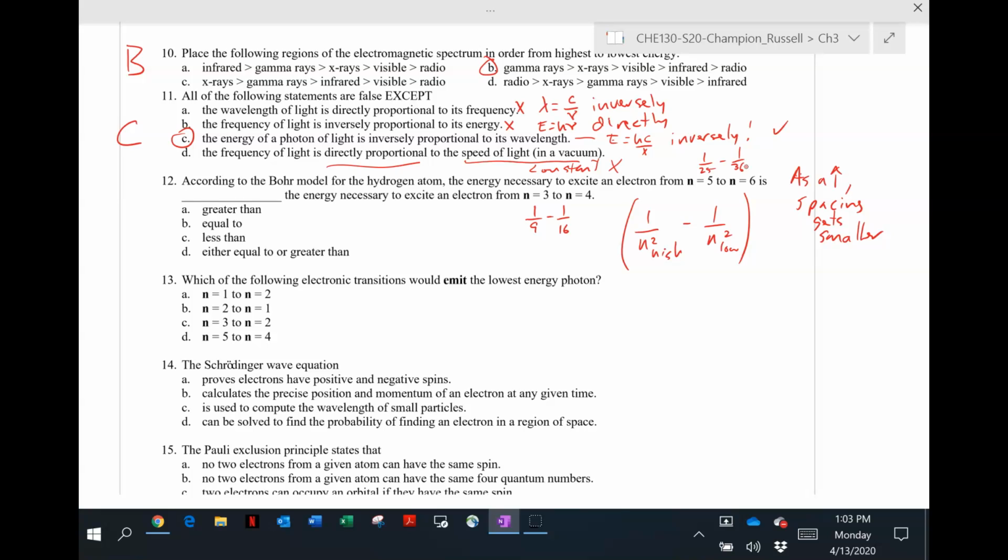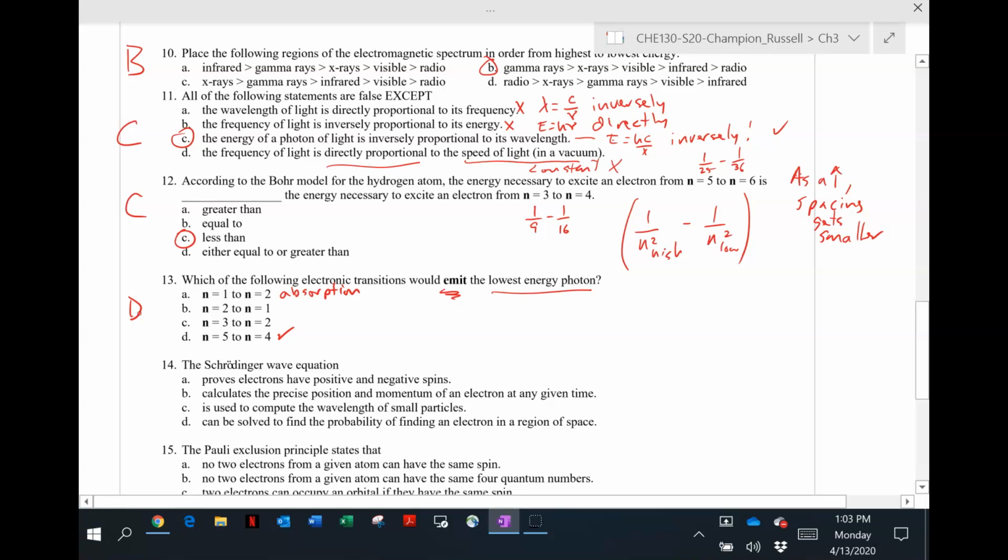So either way you can rationalize that, it's got to be less than. That answer is C. Now if we're looking at emitting the lowest energy photon, first of all we have to make sure we're doing emissions. 1 to 2 would be an absorption. So now we have the case of 2 to 1, 3 to 2, or 5 to 4, and the lowest energy photon is going to be the 5 to 4 for the same reason we talked about in question 12.